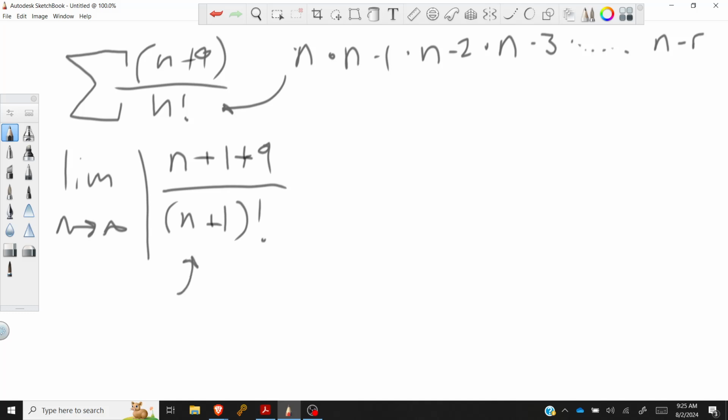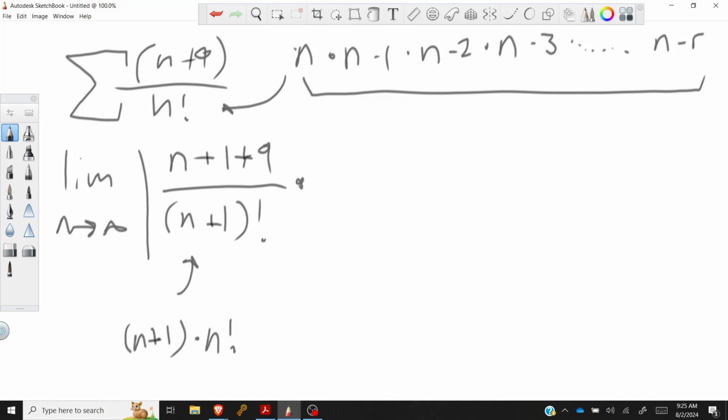So we can think of n plus 1 factorial as n plus 1 times this section, right? And that is equal to n factorial. So this is actually just n plus 1 times n factorial. And then we're going to divide by a sub n.